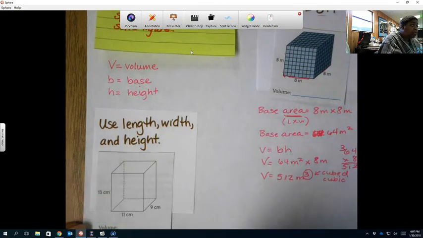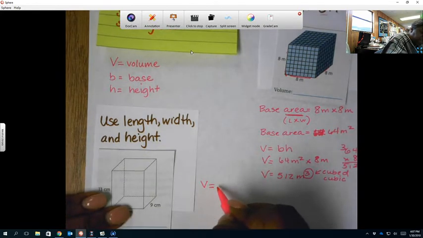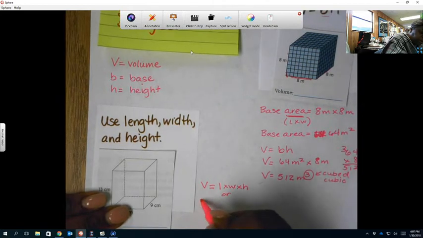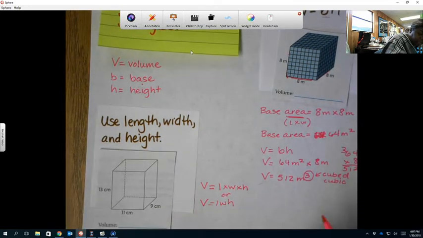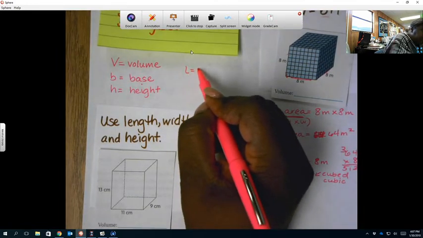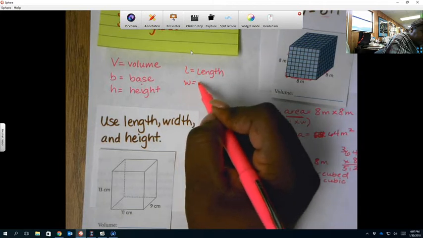So our next formula that we're going to be using is V equals L times W times H. Or it can be written without the multiplication signs, V equals LWH. Keeping in mind that we've already gone over that L stands for length and W stands for width.